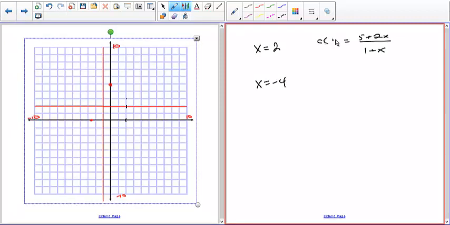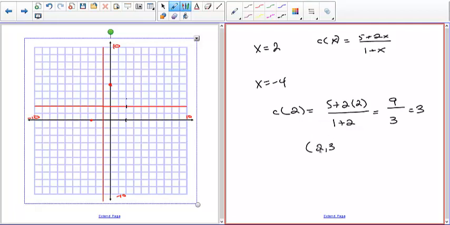C of x. So what we want to do is C of 2. So we have 5 plus 2 times 2 over 1 plus 2. That's 5 plus 4, which is 9. 1 plus 2 is 3. That simplifies down to 3. So I've got the point 2 comma 3.